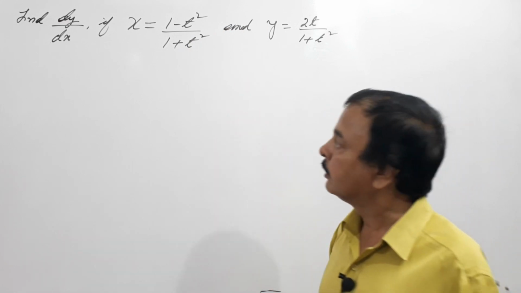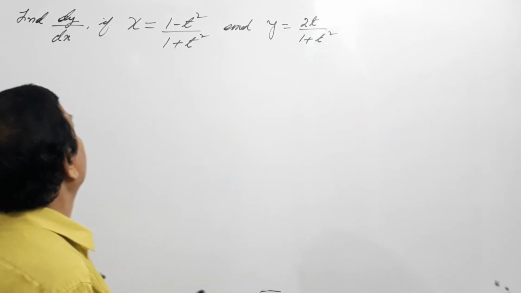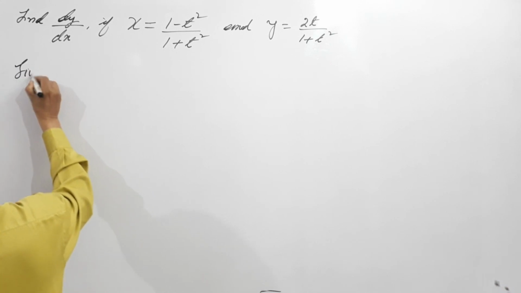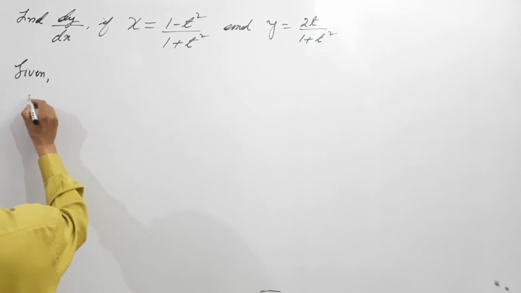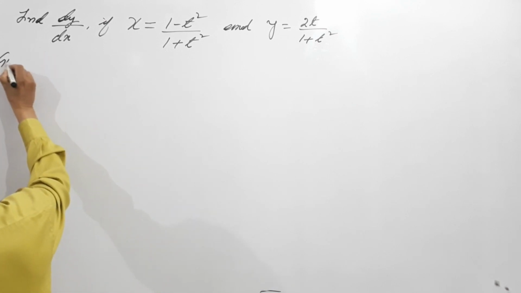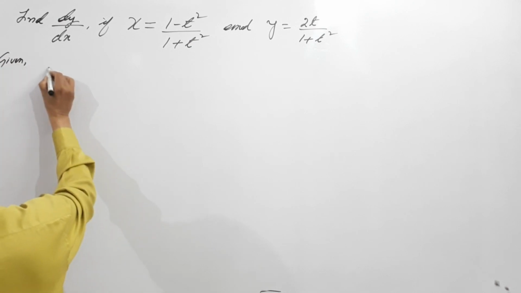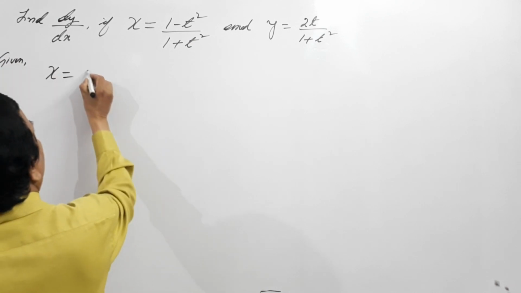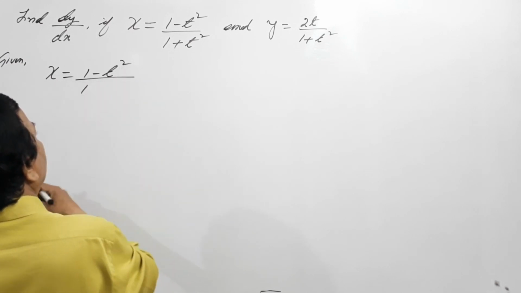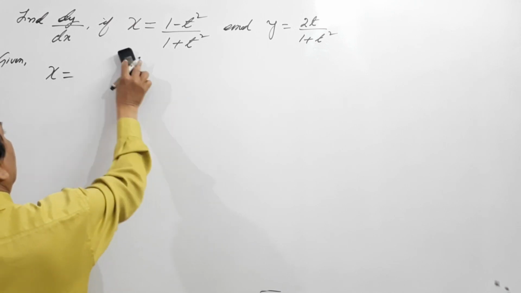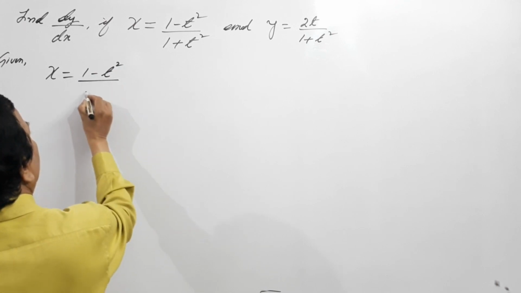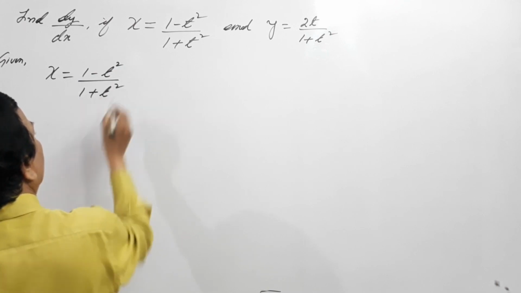So let's proceed. Given x equals 1 minus t square by 1 plus t square.